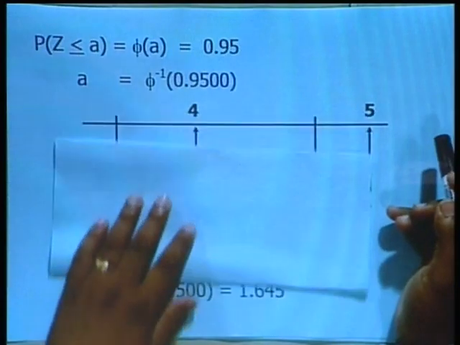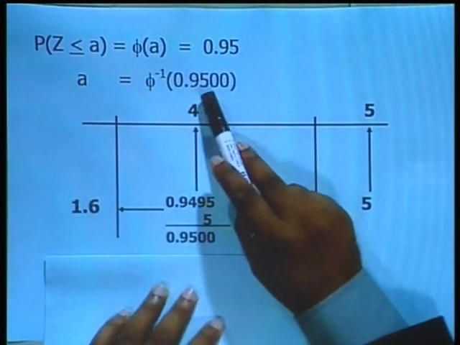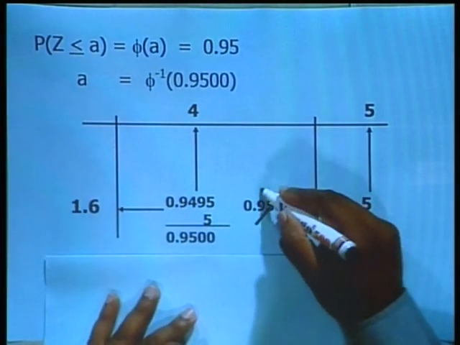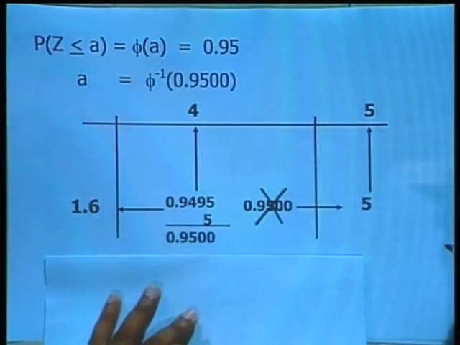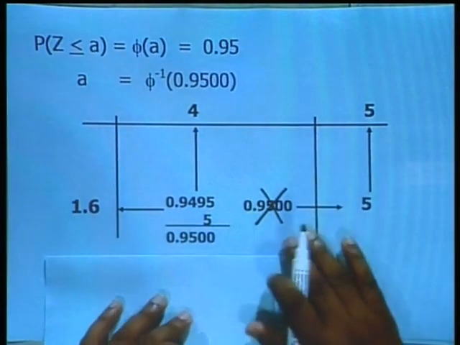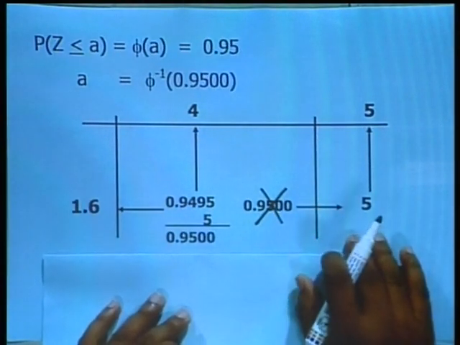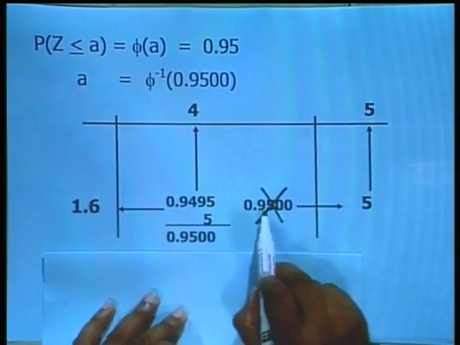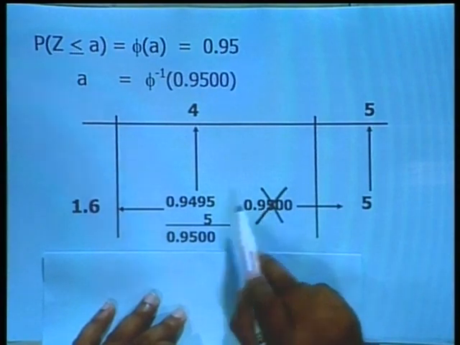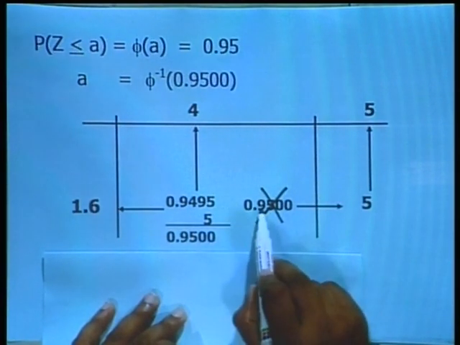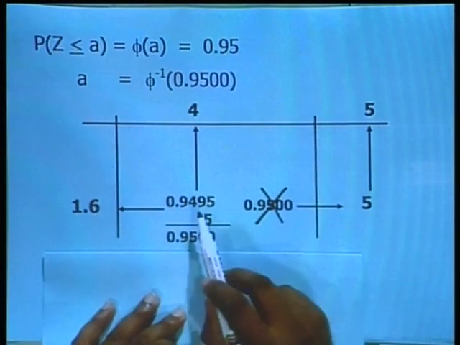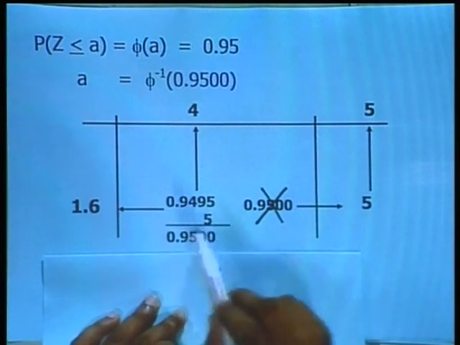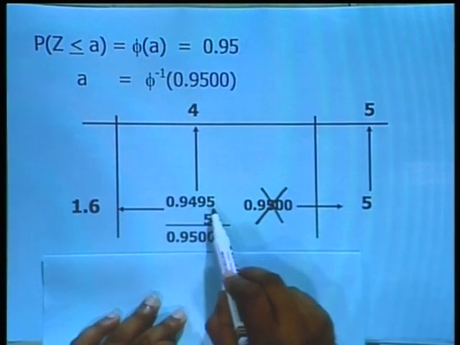So let's try to locate 0.95. You will find that 0.9500 does not exist in the statistical table. So in this case, we take a value which is closest to 0.95 but smaller. The value that you will find in the normal table, which is closest and smaller, is 0.9495.